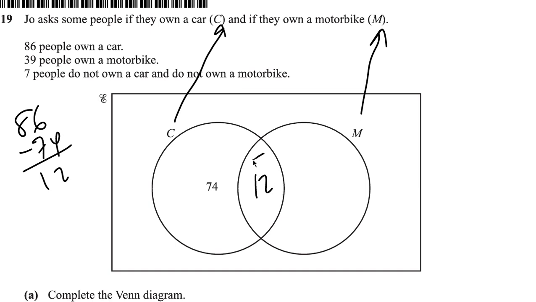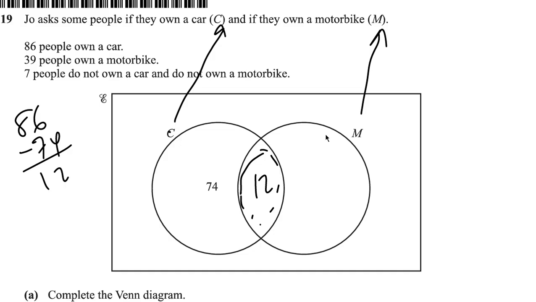So this region where I just put in 12 is the intersection of C and M, and that implies that there were some people that were asked the question and it was found that they own both a motorcycle and a car. That's possible, right? You could own a car, you could also own a motorcycle.